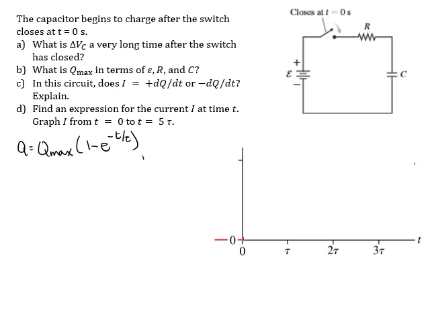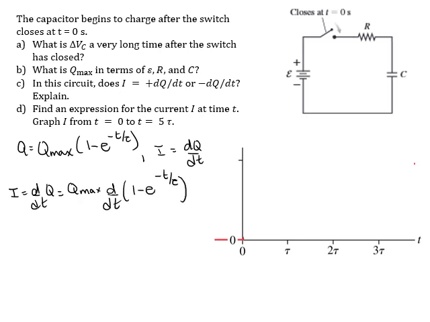And we know that current is the change in charge over the change in time, or the derivative in charge with respect to time. So then our current I is d by dt of Q. Our Q max can come outside. We've got d by dt of 1 minus e to the minus t over tau.